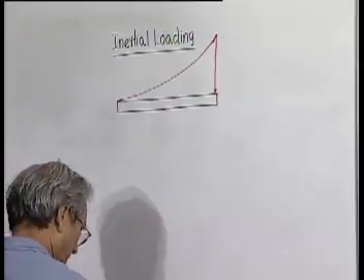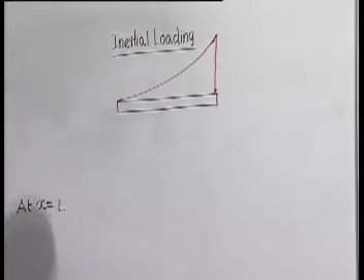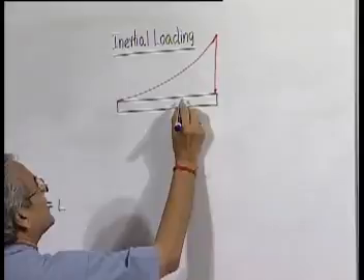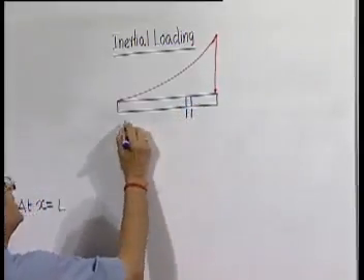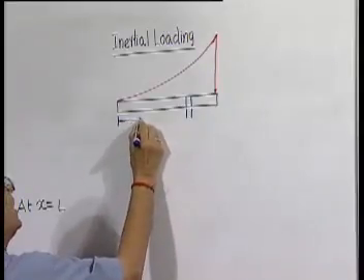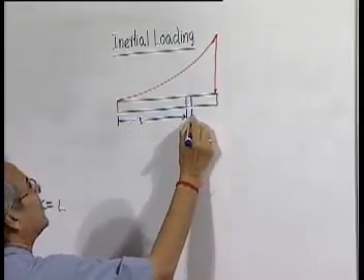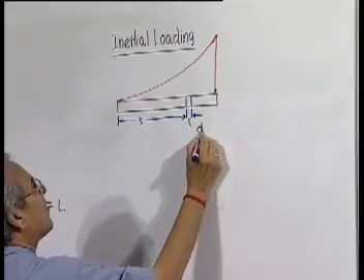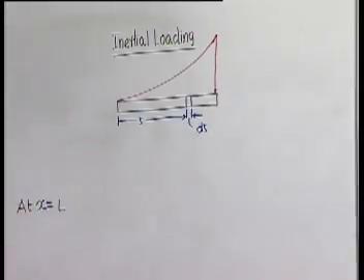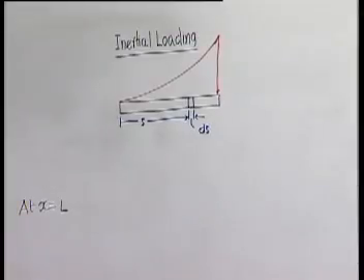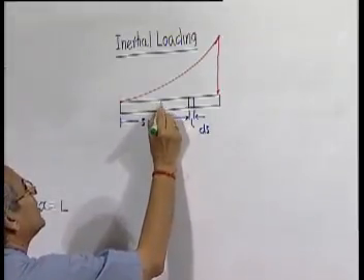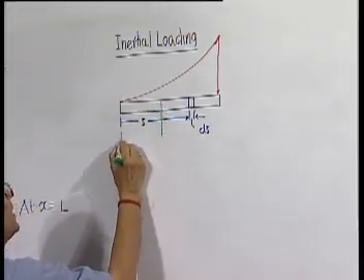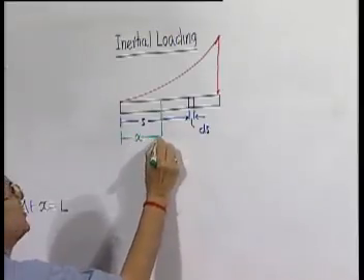And we consider an element of length d zeta at a distance zeta. Now, let us find out the moment of this inertia force, because this produces how much bending moment at distance x from the origin.